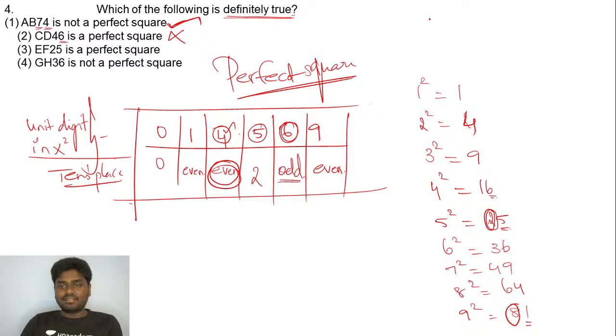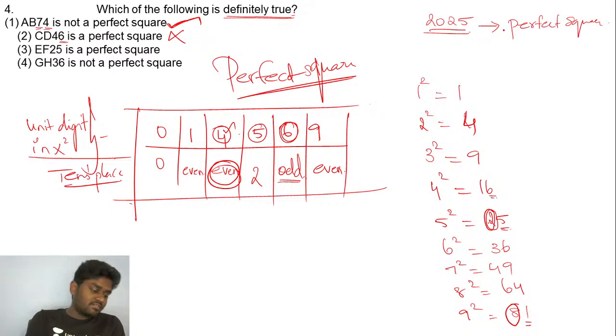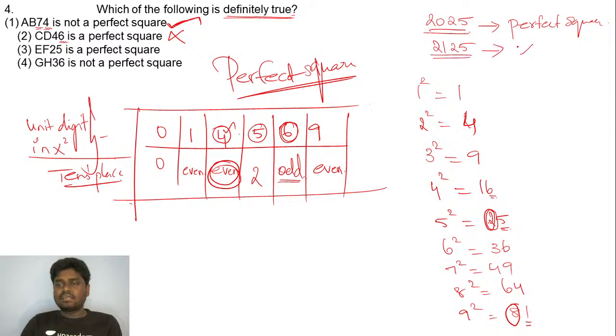But I know the fact that if I put 2025, this is actually a perfect square. 2025 is actually a perfect square. But if you go for 2125, is this a perfect square? Definitely not. So from this, I can 100% say that this is not always a perfect square.